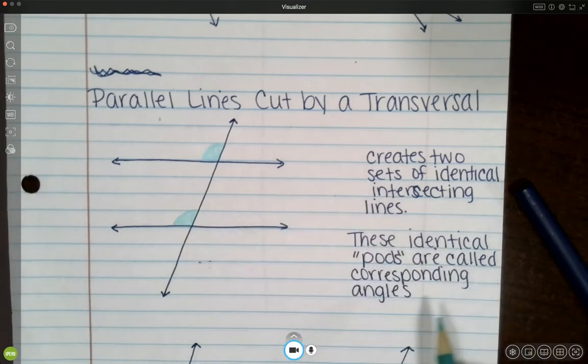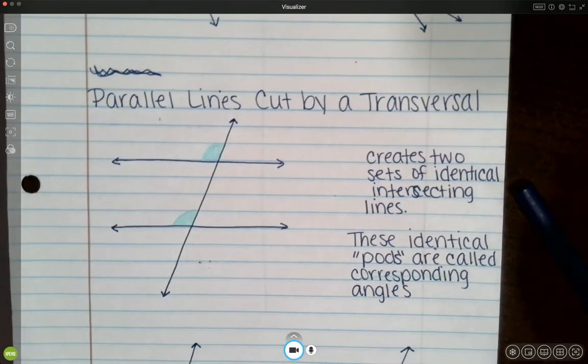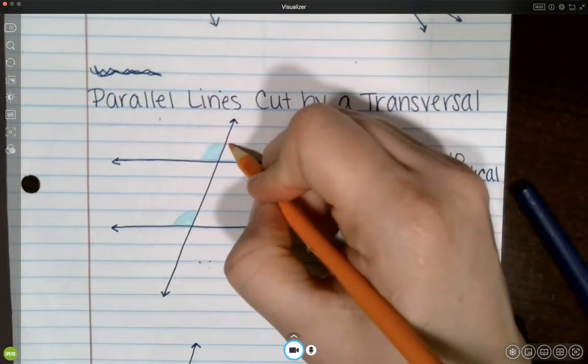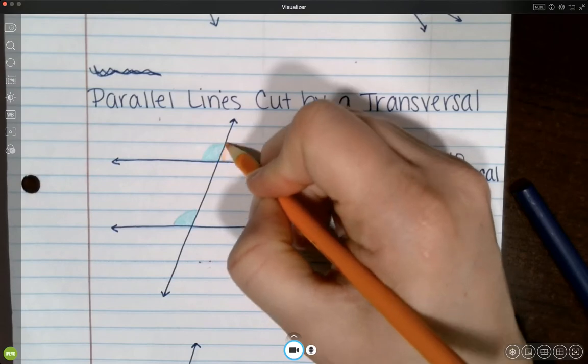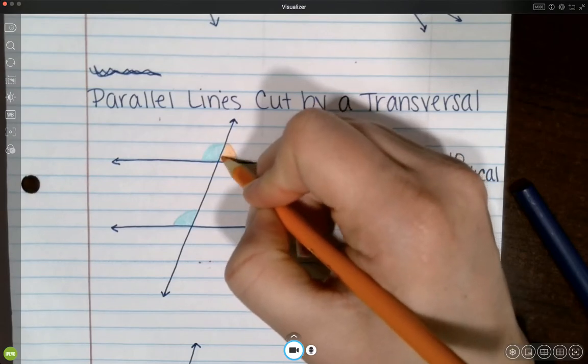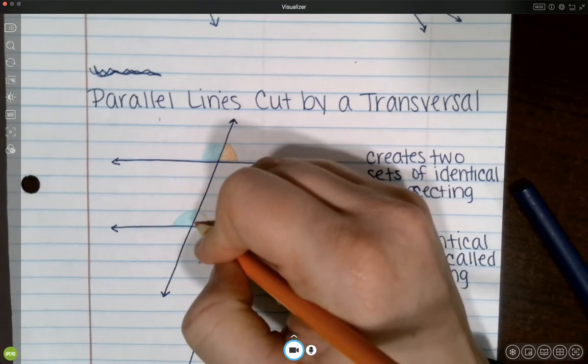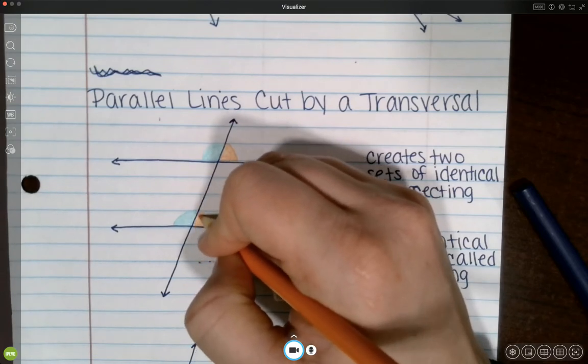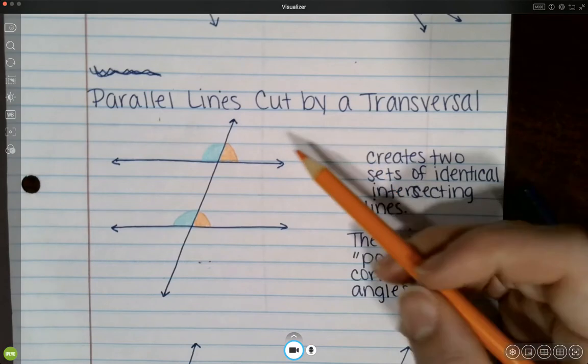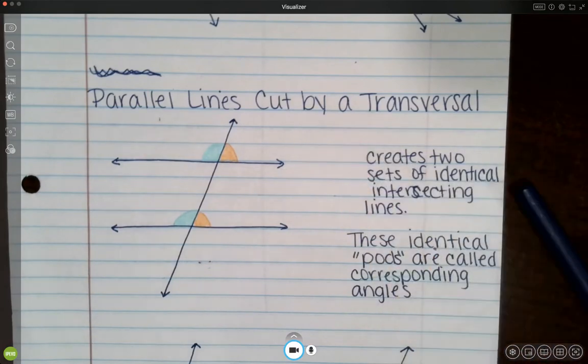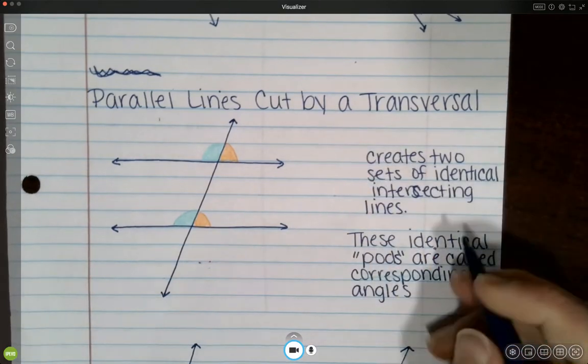Again, these are corresponding angles. In the upper right-hand corner, this angle here, so blue and orange would make supplementary, would then correspond to this one in the upper right-hand corner. Again, corresponding means that these are equal.